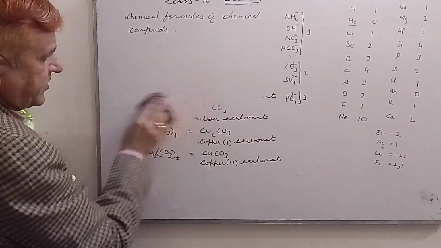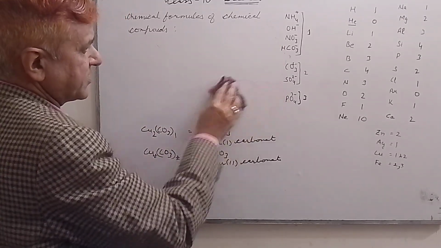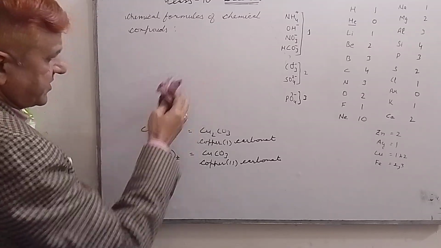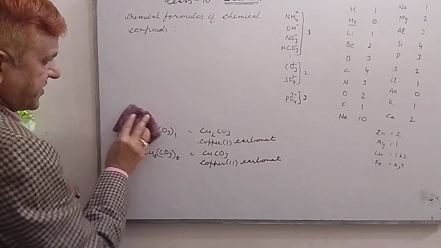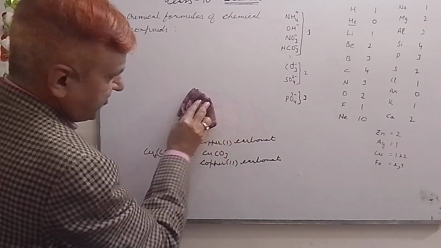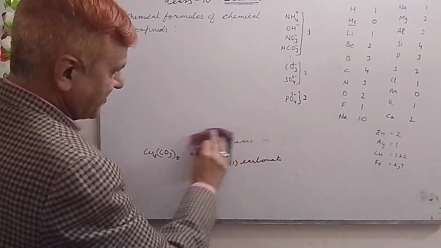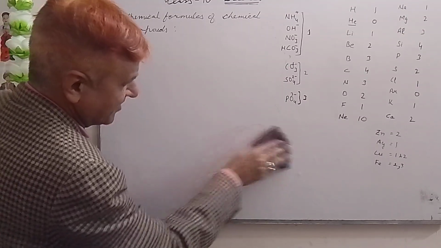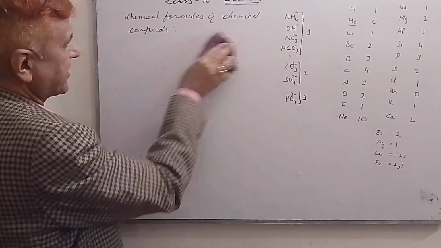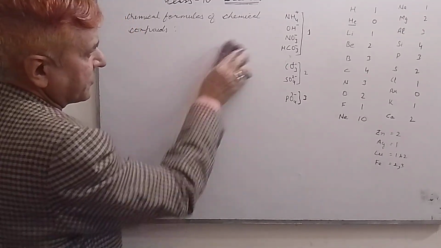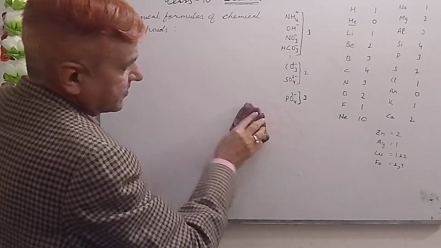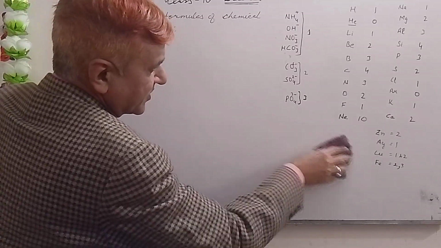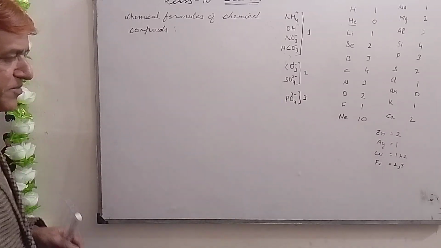My dear students, I hope you are understanding what I am teaching you. Please practice, and with practice chemistry will not only become easier, but also more interesting. Please practice writing chemical formulas for more and more chemical compounds.